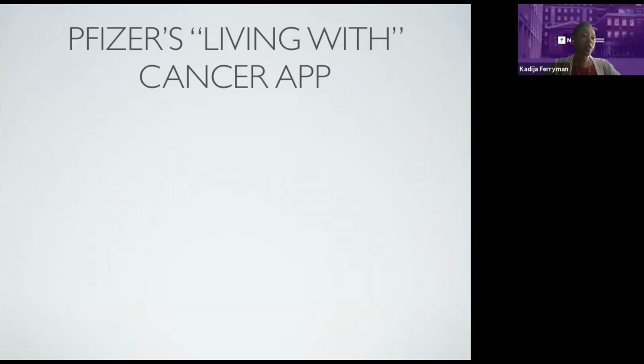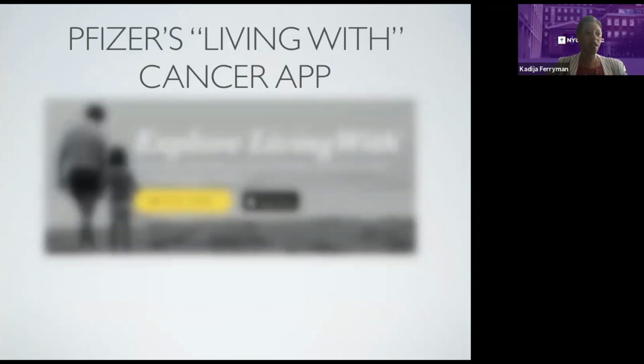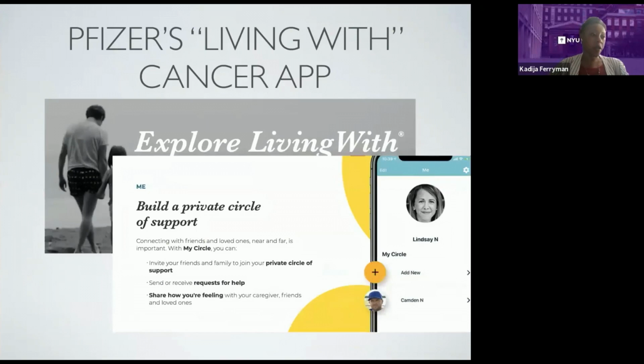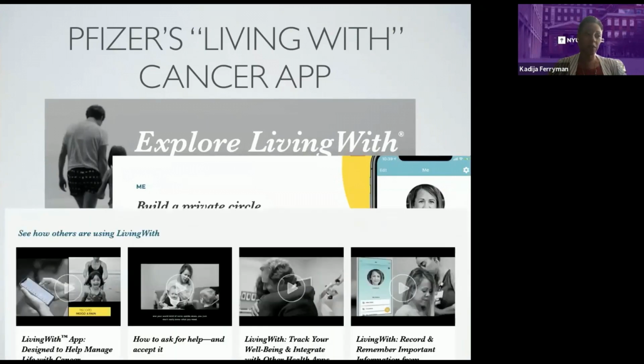And when we look at the oncology app Living With by pharmaceutical giant Pfizer, we see a stark lack of visual representation. Only white appearing people appear as one scrolls down on the website for the app. It would seem from these images that only white people are living with cancer, which is of course not the case.